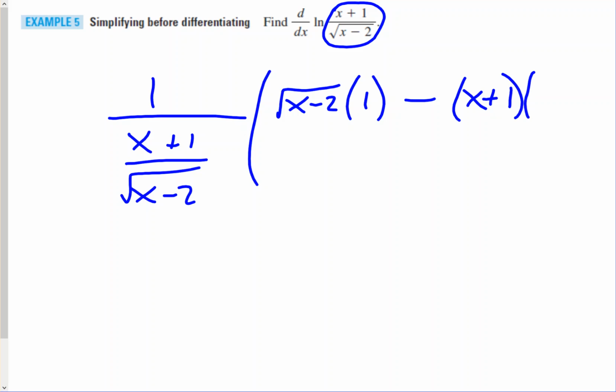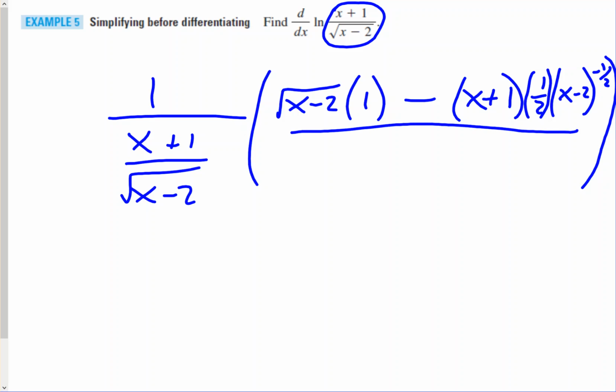Now the derivative of square root of x minus 2 would be 1/2 times x minus 2 to the negative 1/2. And then this would be all over the square root of x minus 2 squared.